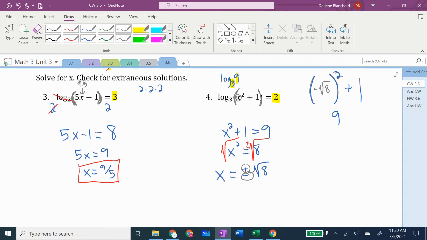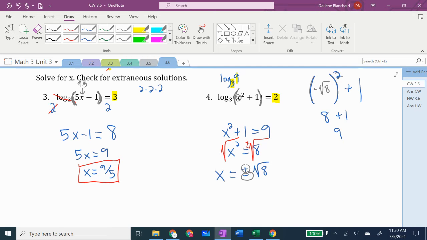Negative root 8 squared is going to be positive 8. And again, I'm getting 9 going into my log base 3. 9 is a positive number, and log base 3 of 9 is 2, so it's all good.